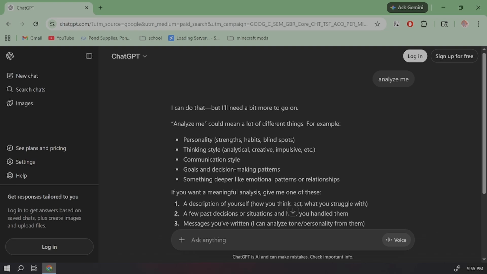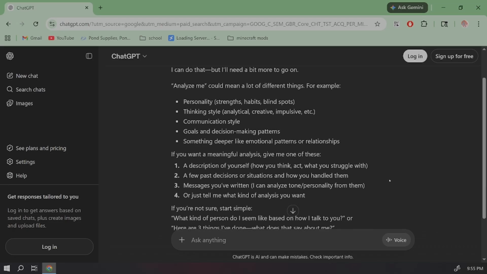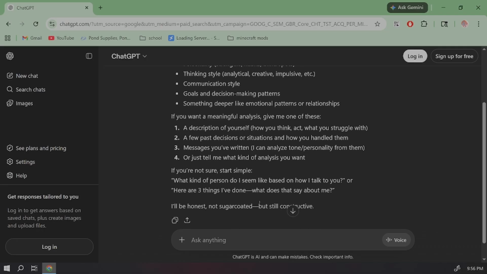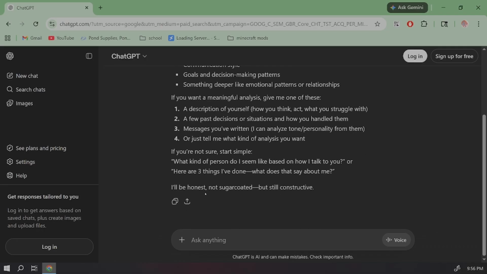For example, personality, strength, habits, blind spots, thinking style, communication style, goals and decision-making patterns, something deeper like emotional patterns or relationships. If you want a meaningful analysis, give me one of these: a description of yourself, a few past decisions or situations and how you handled them, messages you've written, or just tell me what kind of analysis you want. If you're not sure, start simple.